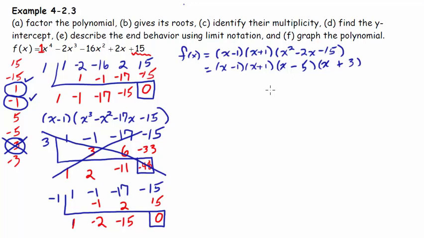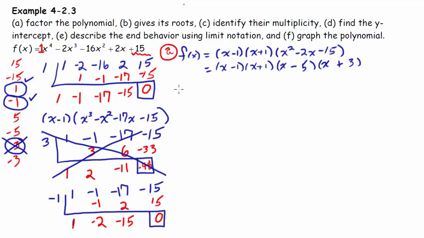Now, giving the roots their multiplicity, the y-intercept, describing the end behavior using function notation, and graphing the polynomial, all of this we did in the first half. So let's see, we have completed part A right here.